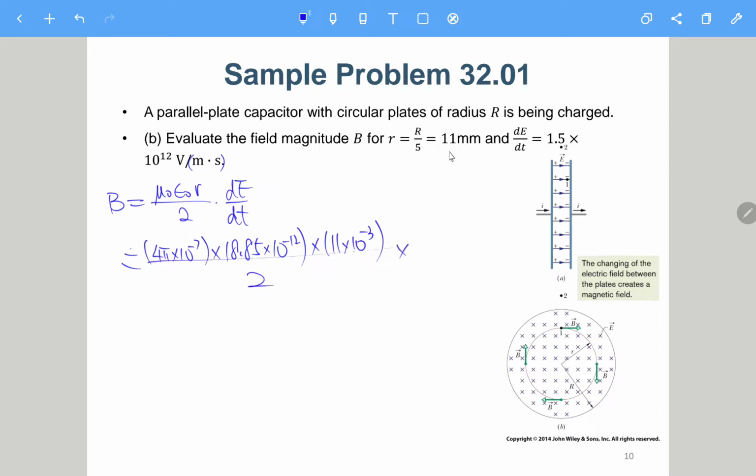And then dE/dt is 1.5 times 10 to the 12. Okay, so this is 9.18 times 10 to the negative 8 Tesla.